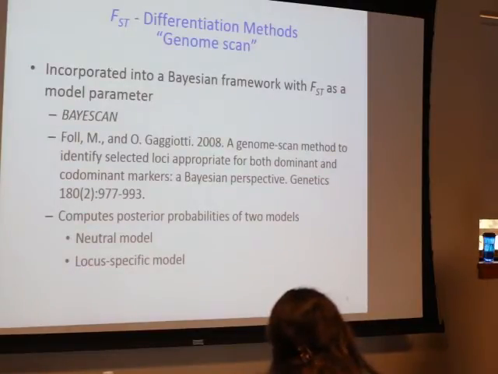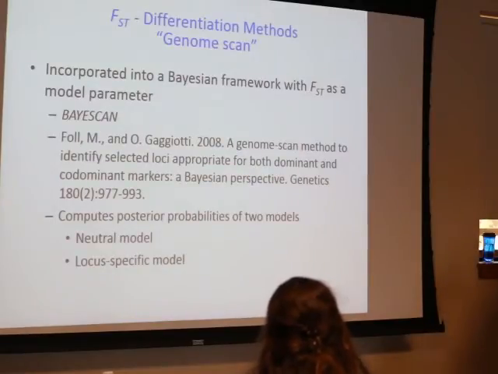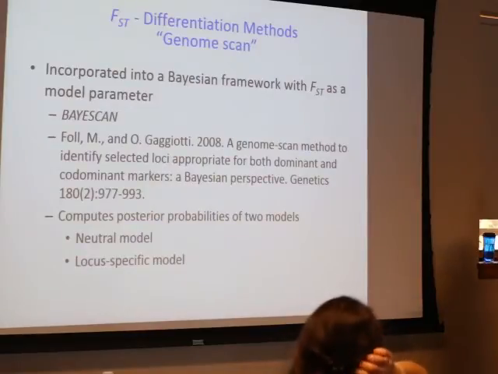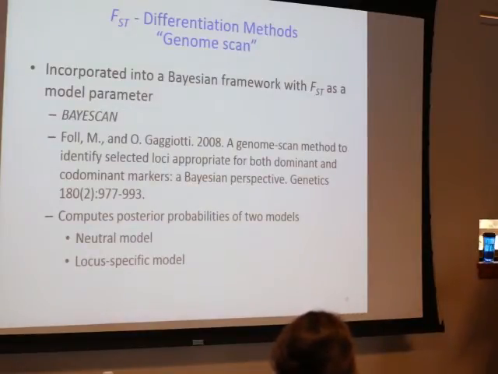BayeScan in 2008 incorporated a Bayesian framework with FST as a model parameter. Probably many of you are familiar with this, and for those of you that aren't, hang in there, and I will go through just a demo on BayeScan. It uses a Bayesian framework and computes posterior probabilities of two models: one is the neutral model, and the other is a locus-specific model, and it compares these models.